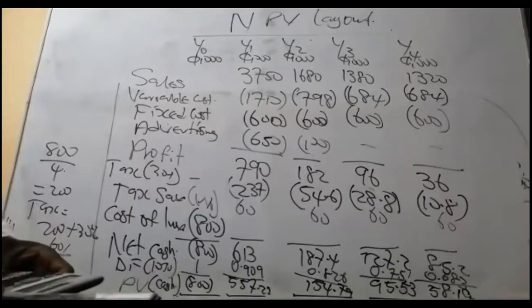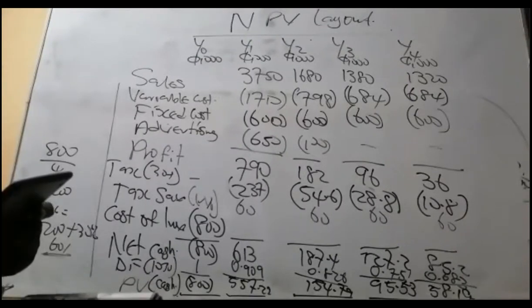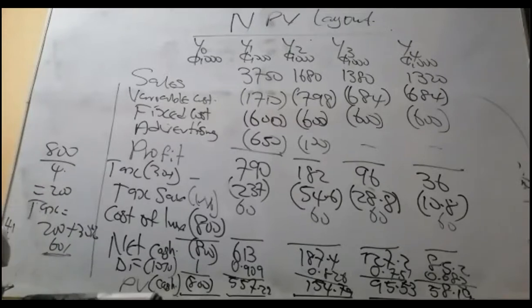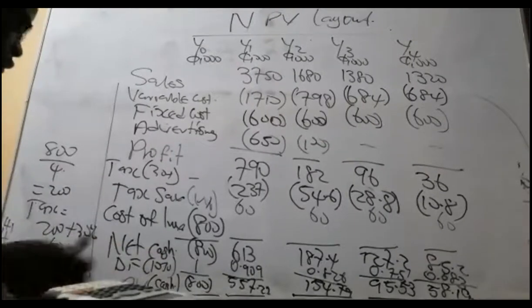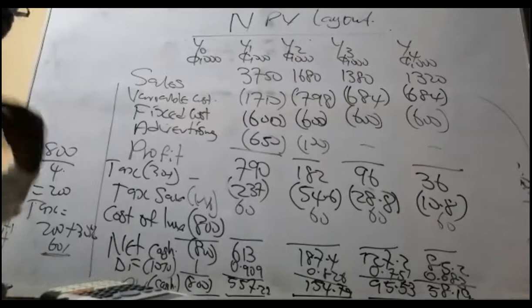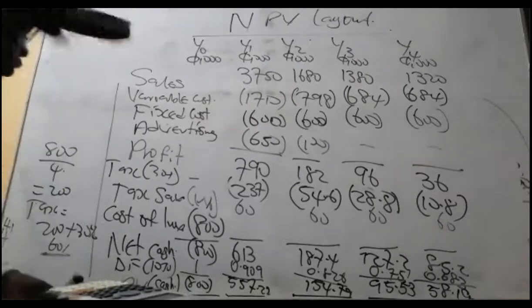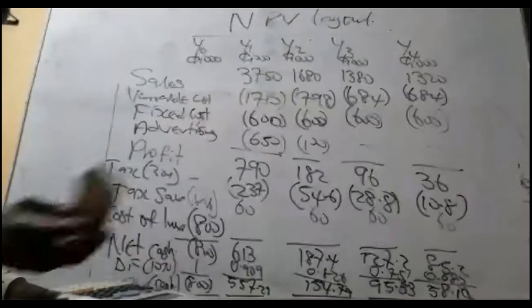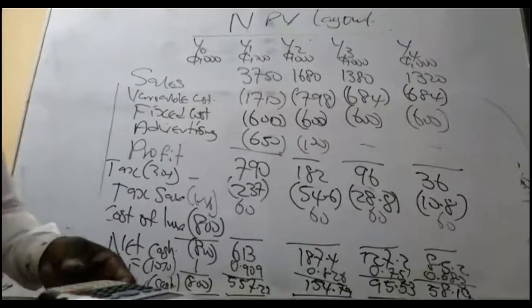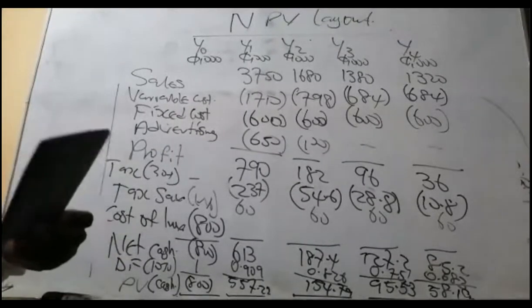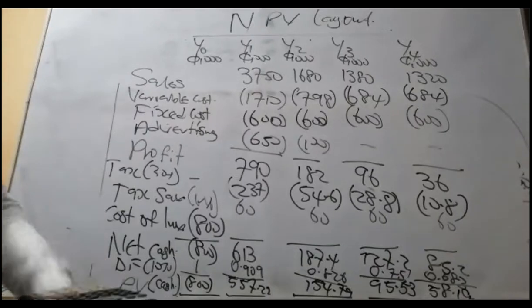So the NPV is 55.22. So we find somewhere and then we record it. Space is not there, so let's find somewhere and record NPV. So therefore the NPV is equal to 55.22.